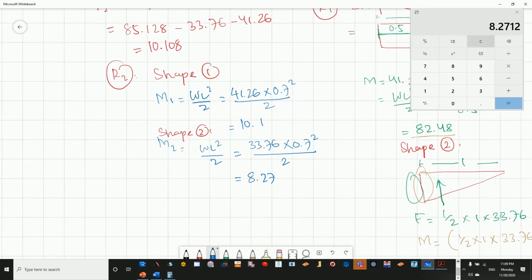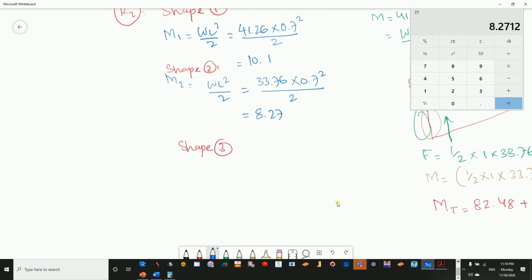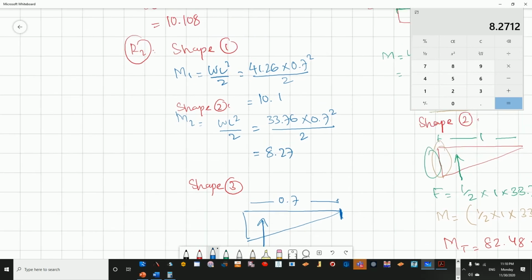And then we are going to go for shape number 3, which is a triangle, where this is 0.7, and we need to calculate at this point. Okay, so the force is equal to half into base, that's 0.7, into the height of the triangle.